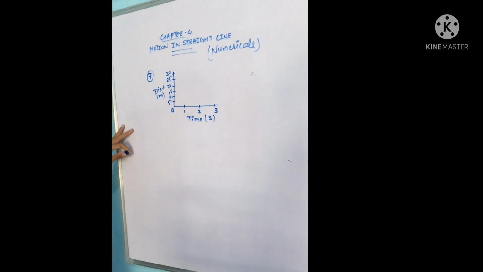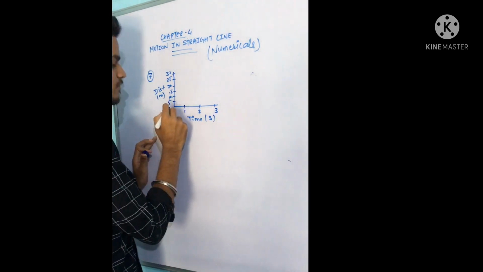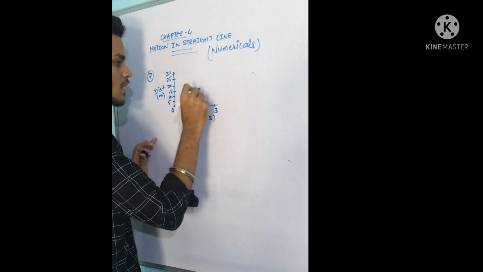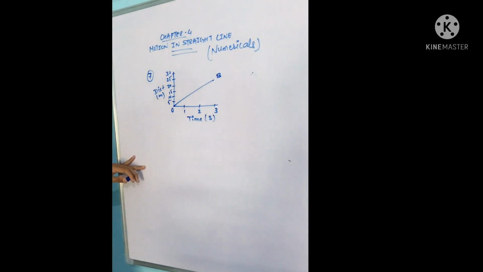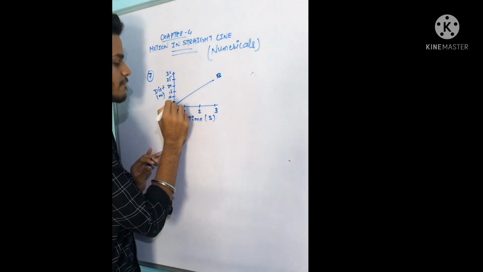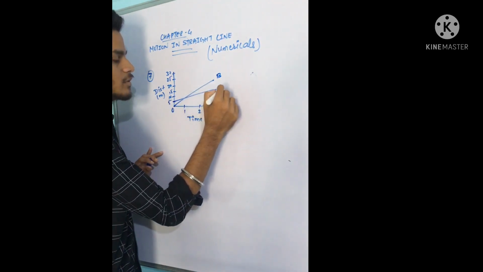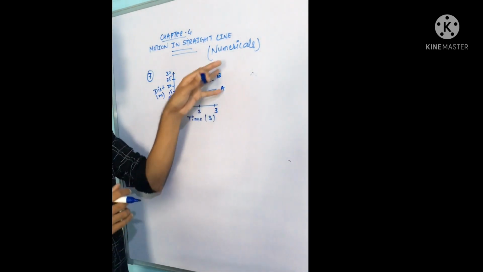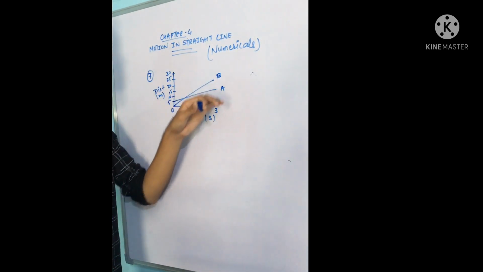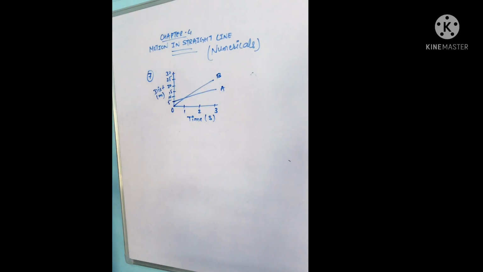Now from 0, this is the car B position, and from 5, this is the car A position. Okay, from 0 to 3, this is the car B position, and from 5 to A, this is the car A position. We have to find by how much distance the car A was ahead of car B initially.